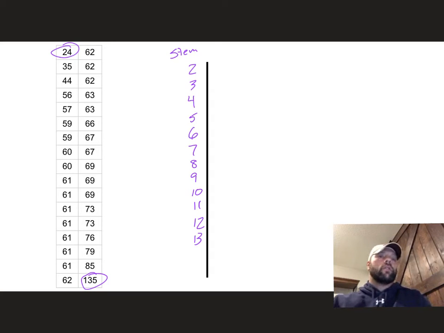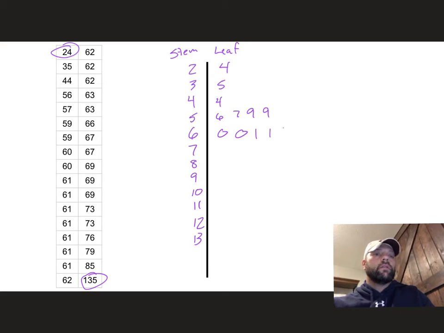Then as I'm putting these in order, I have 24, so that's going to go right here under the leaf. And then I have 35, 44, 56, 57, 59, 59, 60, 60, 61, 61, 61, 61, 61, 61.